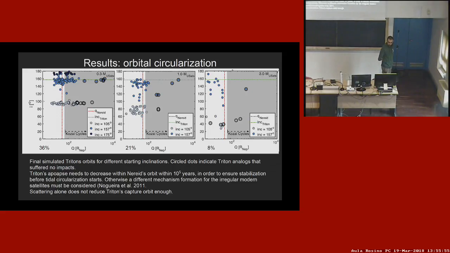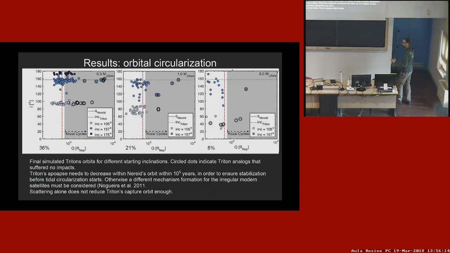Final orbital synchronization. One of the conditions the authors imposed is that the final semi-major axis of Triton must be smaller than the semi-major axis of today's Nereid.